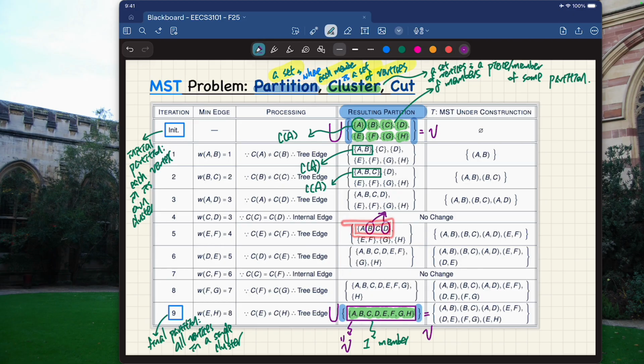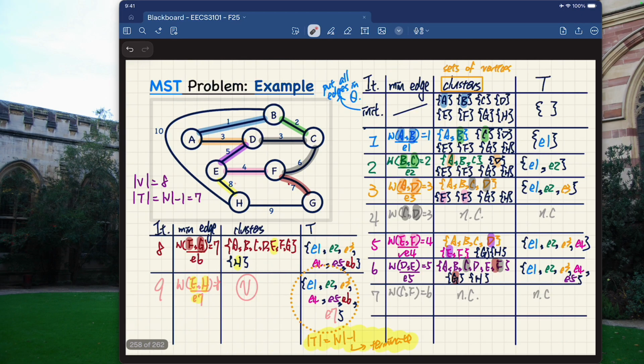You can say the cluster of B is just the same as the cluster of D. So that means they are in the same connected component. Again, the same connected component because at the end of iteration 5 right here, we got A, B, C, D. We got 1, 2, and 3 edges connecting them. So that's why they are part of one connected component.